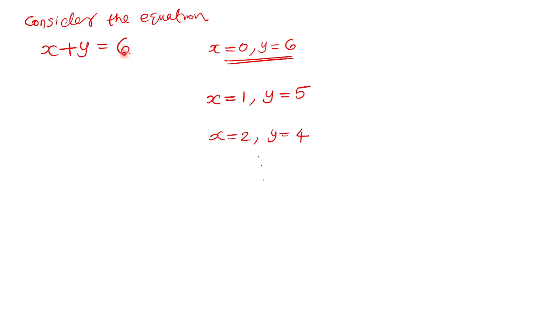If you have only one equation, it has so many solutions. 0, 6 is a solution, because if I put x 0 and y 6, the equation is satisfied. If I put x equal to 1 and y equal to 5, it is satisfied. So there are so many solutions. My objective is, I want all the solutions of this equation in a graph.